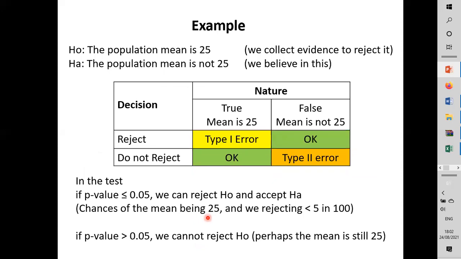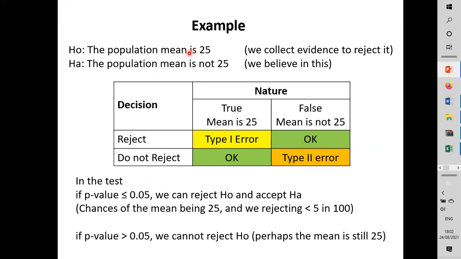Okay, so example in this case. P-value less than 0.05. Like just now, whether it's normal: p-value less than 0.05, not normal. In this example, we are testing whether the population mean is 25. If the p-value comes less than 0.05, we reject H null.